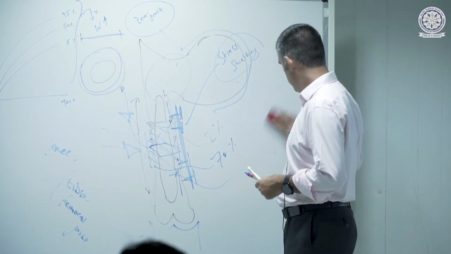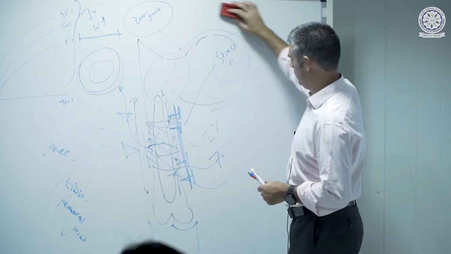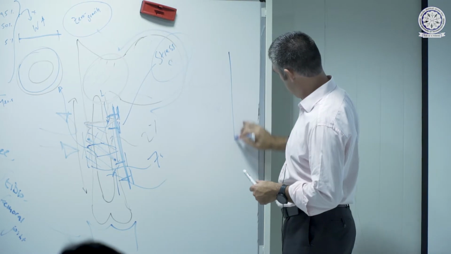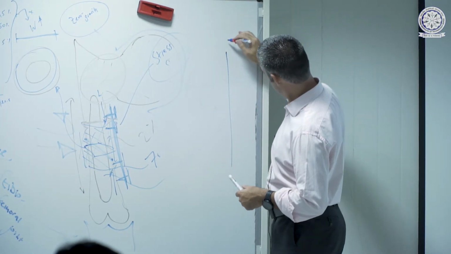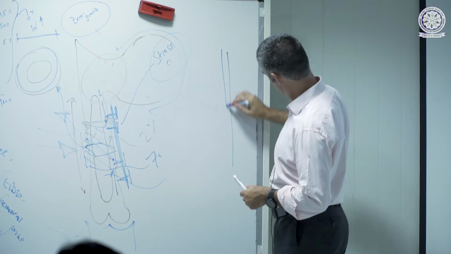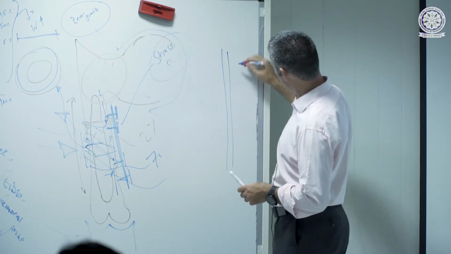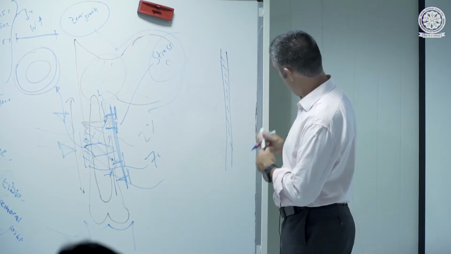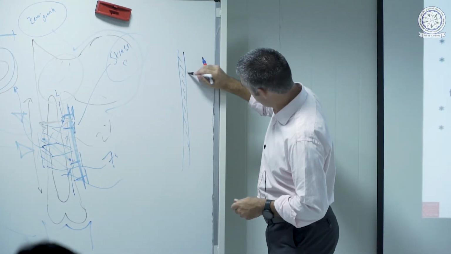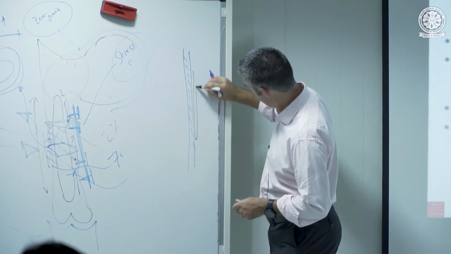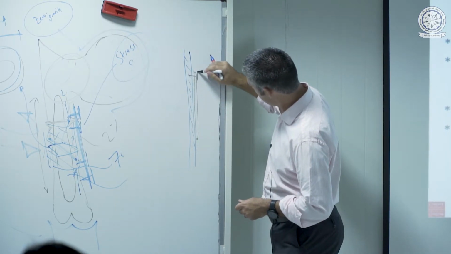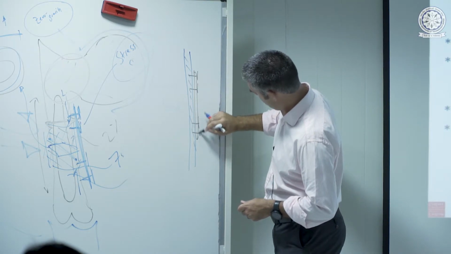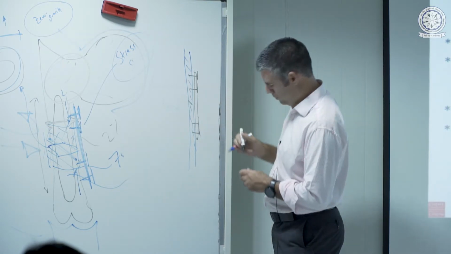And if we were to try and zoom in, so that's our cortical bone. And here's our plate, do it in black this time, that is screwed into the cortical bone. And we have some kind of fracture here.